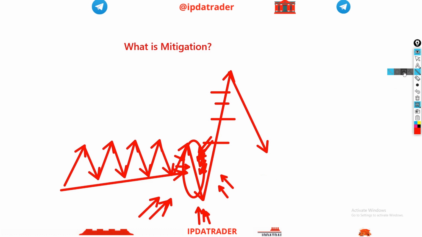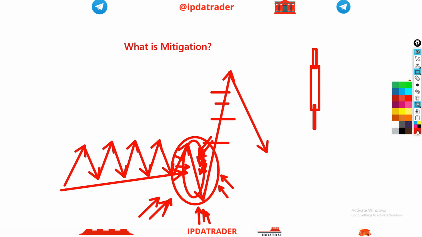So let's actually translate this region over here into candles. How would that look if you're looking at the charts in terms of candles? So we're going to be doing that. That last sell move right here could potentially look like a huge bearish candle, just like this. You would have your bearish candle, and all of a sudden you get a huge up move like that that leaves tons of imbalances.